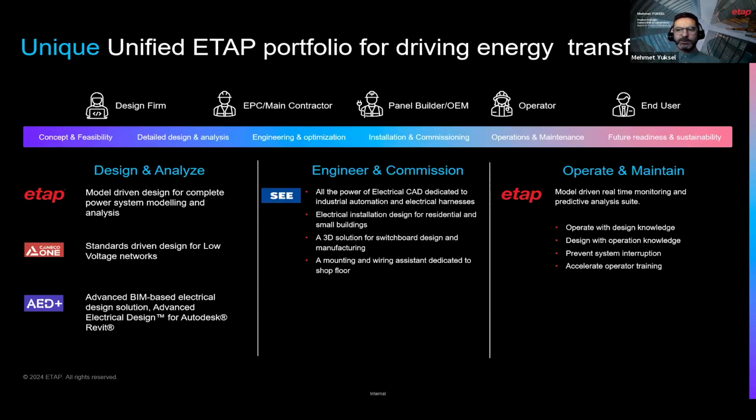But if we go deeper in the product, we have a large solution coming from the conceptual phases to the operate and maintenance. But for the Caneco product, we are more precisely on the design phase of a project. This is where we are mainly working.